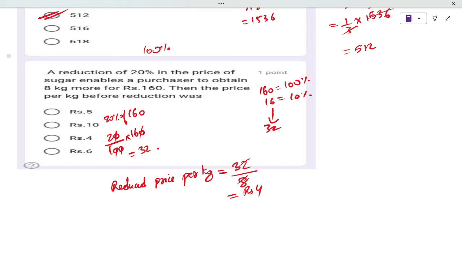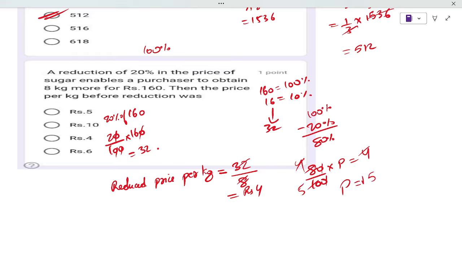Let's say the original price is P. 80 by 100 into P is equal to 4 rupees. The zero will be cancelled. 2 4 times, 2 5 times, 4 will be cancelled. Then the original price is 5 rupees.